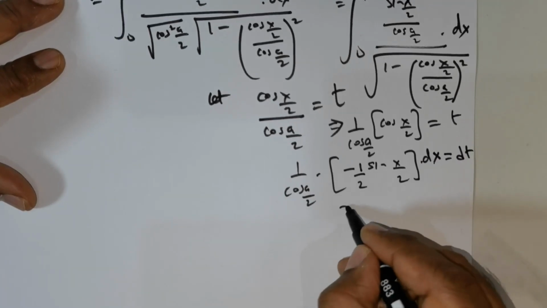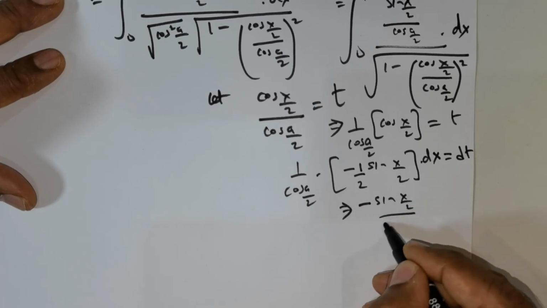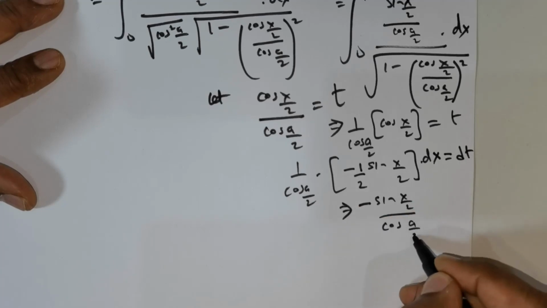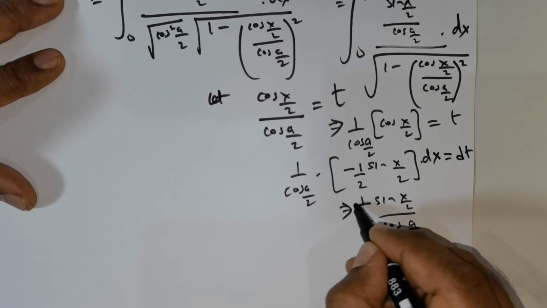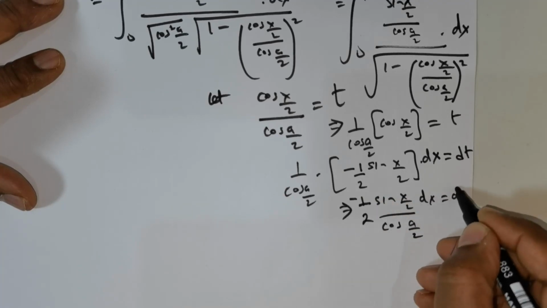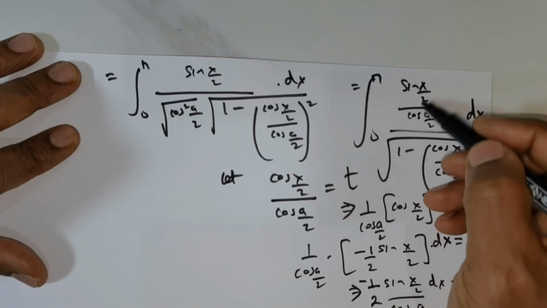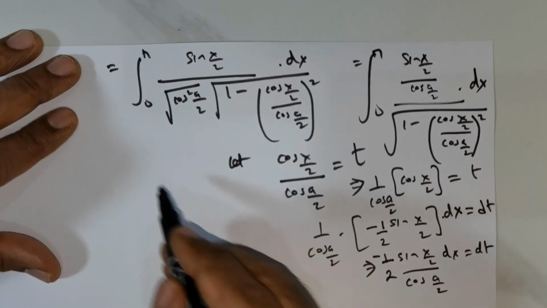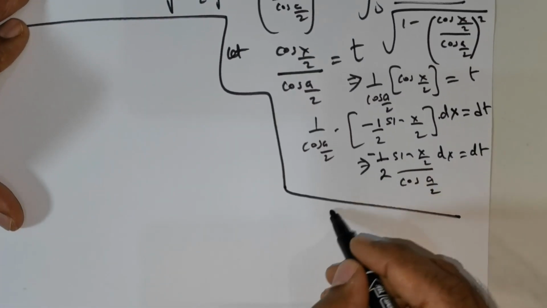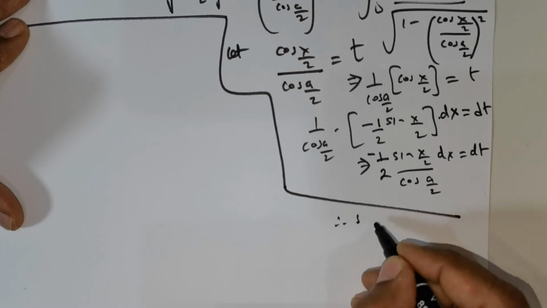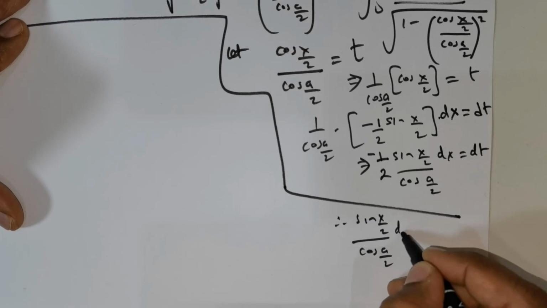Now this can be rewritten as negative sine x over 2 divided by cos a over 2. Of course there is a 1 over 2 there. I will write 1 over 2 like this, times the dx is equal to dt, right? Now we don't have 1 over 2 in the quantity here. So what I wish to do is I will just rewrite this as, therefore, sine x over 2 divided by cos a over 2 times dx.